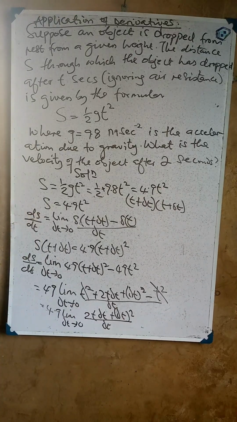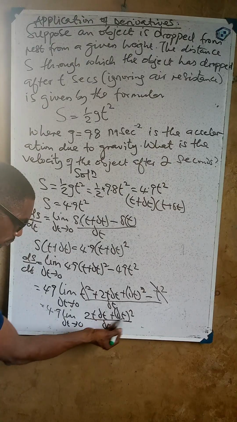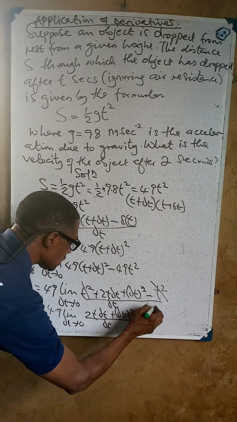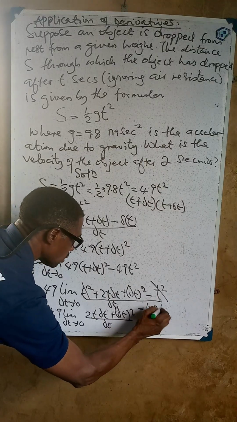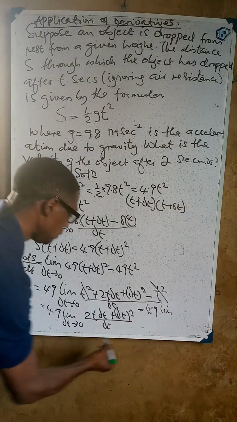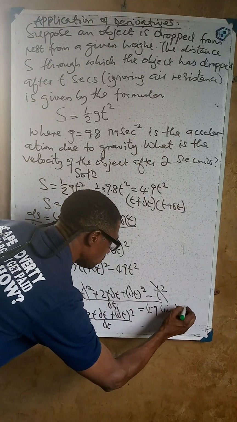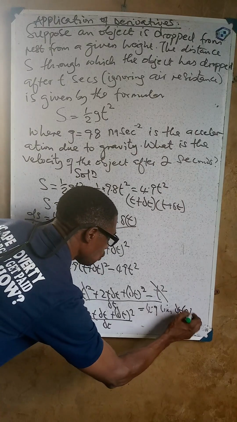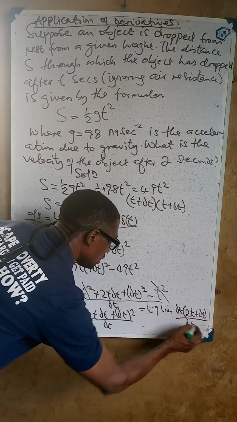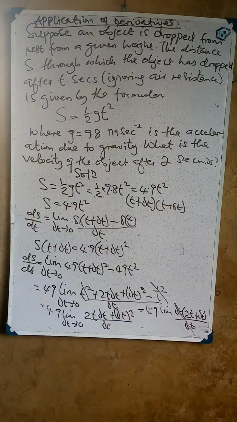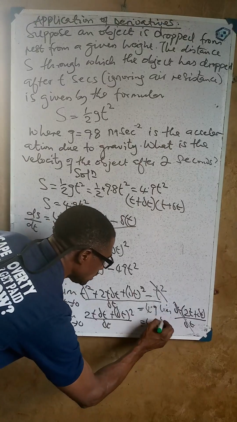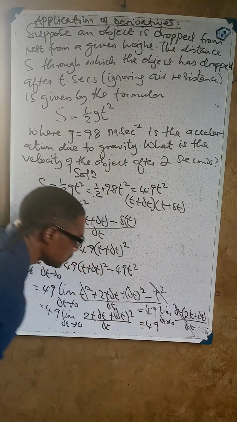If you factor out what is common here, Δt, bring it out, we're going to have 4.9 limit. Up here we have Δt, bring it out. Then I have 2t plus Δt over Δt. This cancels out. I'm left with 4.9 limit as Δt tends to 0 of 2t plus Δt.